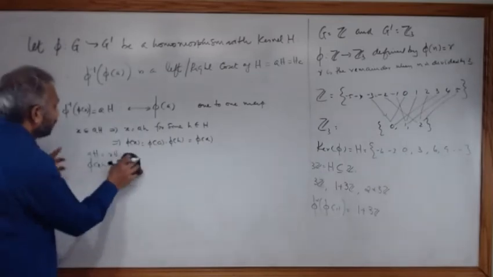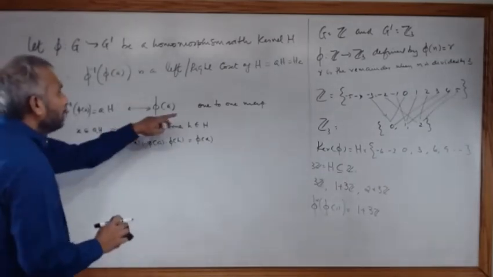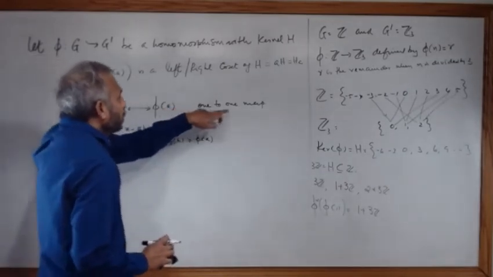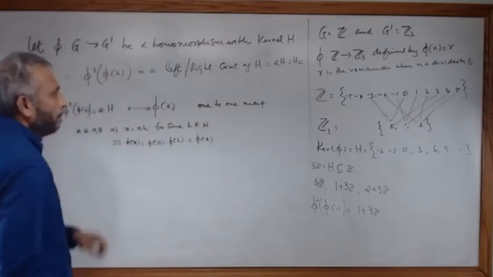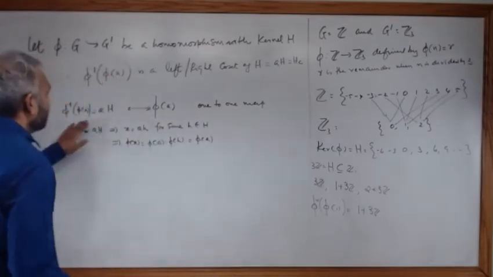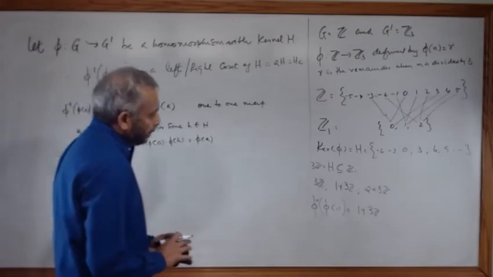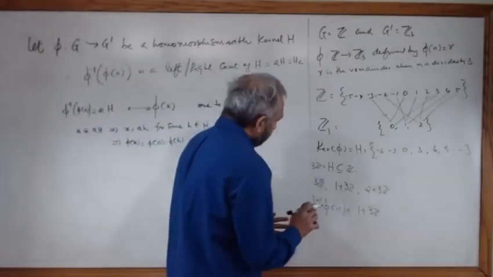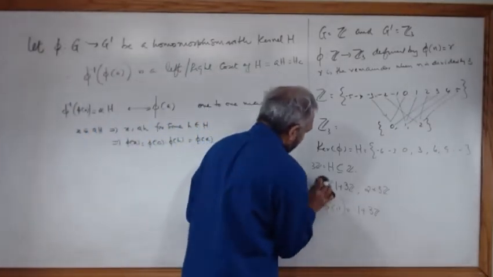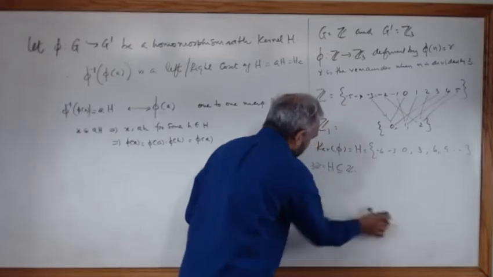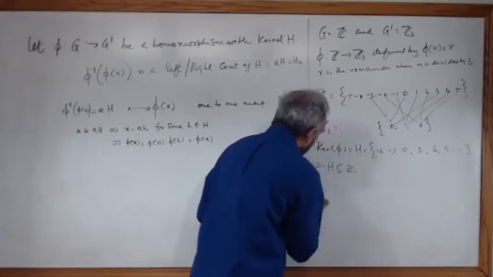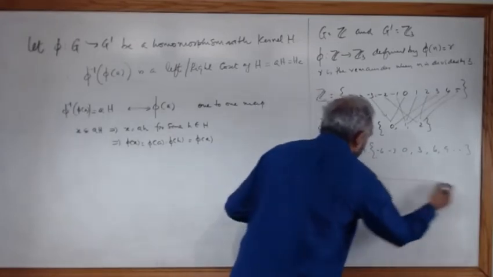Okay, so that's what I'm saying. So this is a one-to-one, bijective map. I'm going to take some more space here. I'm going to take the collection of all the cosets here.